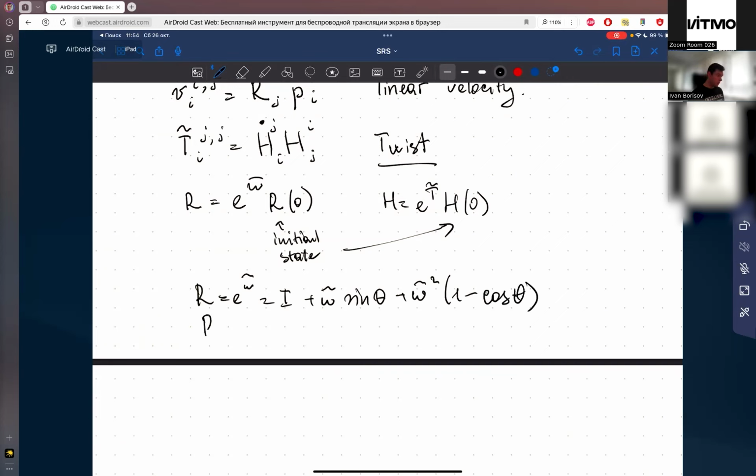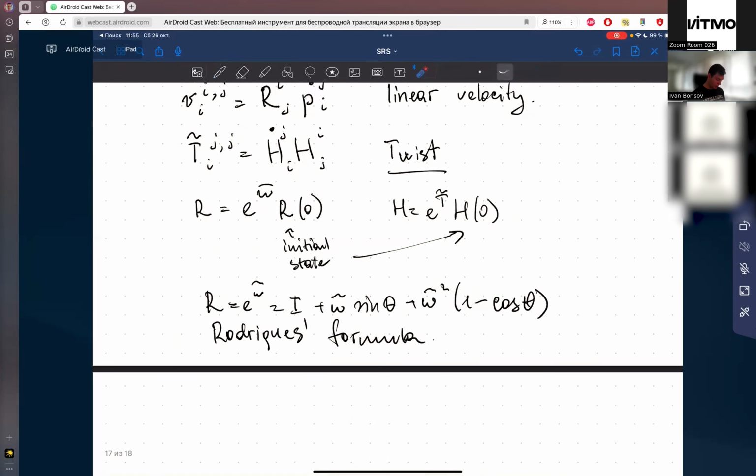And it is called Rodrigues formula that can be used to calculate R. So if you know your angular velocity direction, if you know the offset position change, if you know this stuff, you can compute the rotation matrix out of this formula.